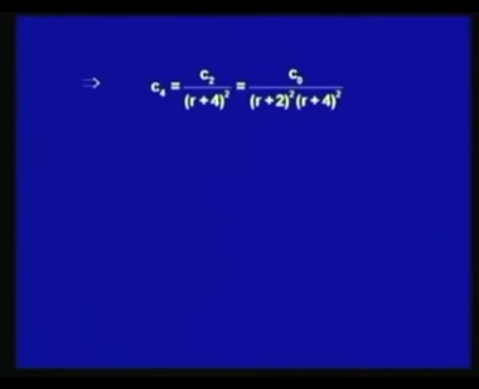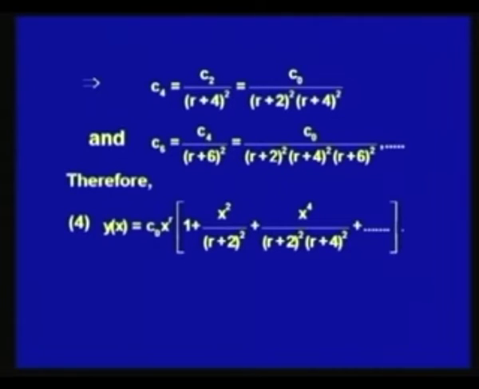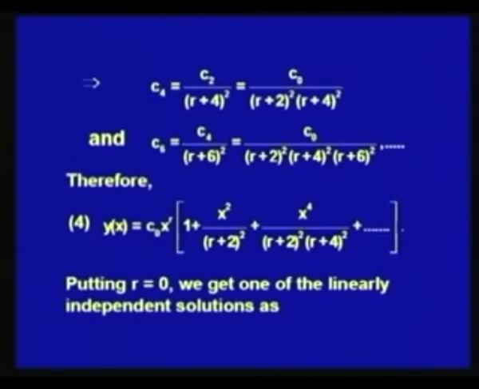Now we get the value of C4 from the recurrence relation. C4 will be equal to C2 over (r plus 4) whole square. And when we put the value of C2 here in terms of C naught, we get C4 as C naught over (r plus 2) whole square into (r plus 4) whole square. C6 similarly will come out to be C naught over (r plus 2) whole square into (r plus 4) whole square into (r plus 6) whole square.